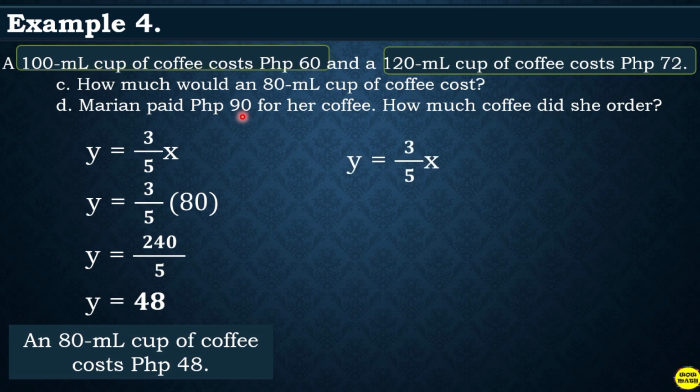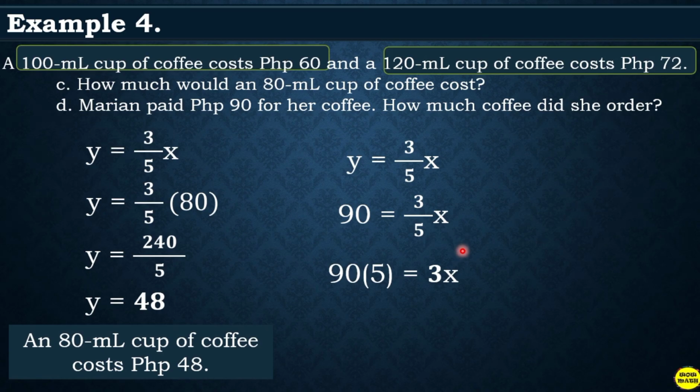Okay, so going back to the equation, y is equal to 3/5 x. So your y, given yung y natin, yung cost ng coffee, that is 90, is equal to 3/5 x. Okay, so cross multiply tayo. So we will have 90 times 5, and then 3x.